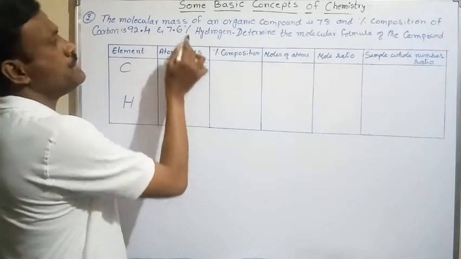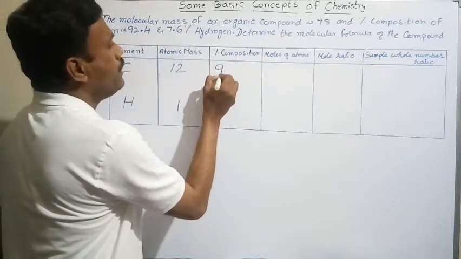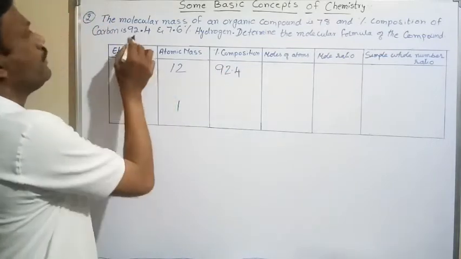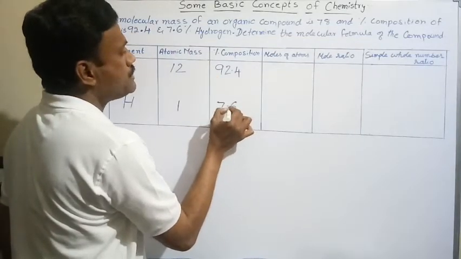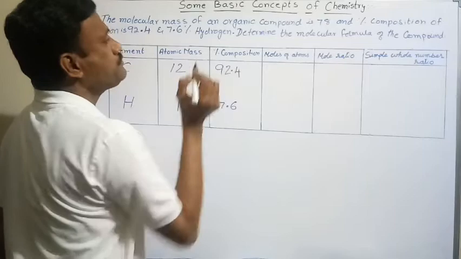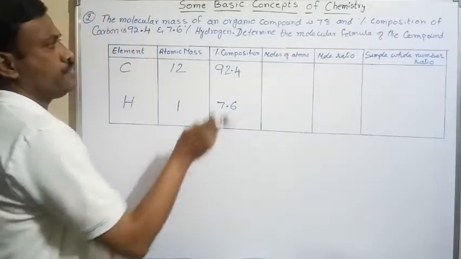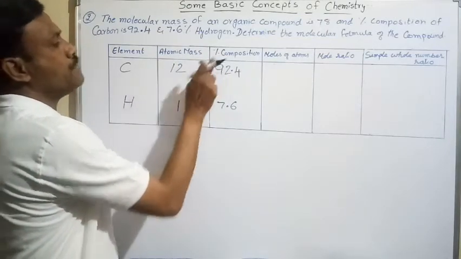Percentage composition is given in the data. Carbon is 92.4 and hydrogen is 7.6. Now coming to the moles of atoms: percentage composition divided by atomic mass.